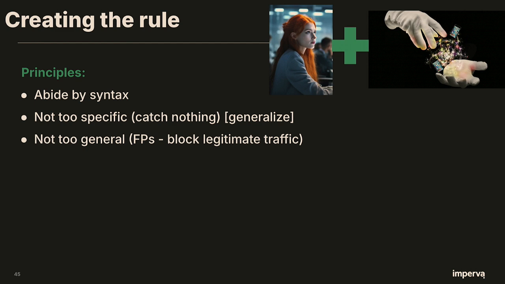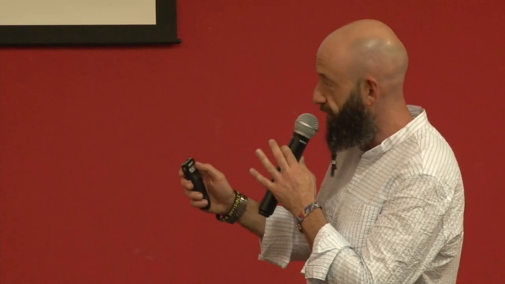On the other hand, if we make a very wide rule, it will just catch the whole traffic. So it will result in false positives, and this is also very bad because not stopping the attack is bad, but blocking legitimate traffic is very bad because it can cost our customers a lot of money.